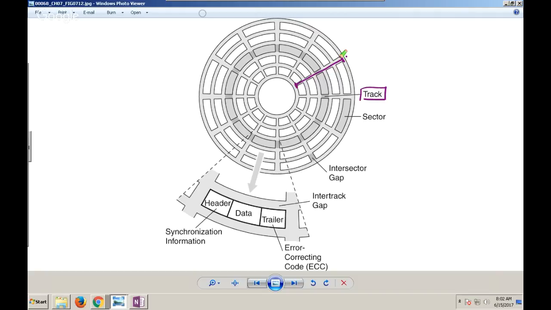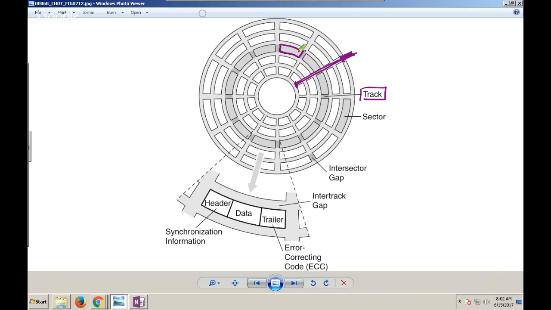So if we're looking at the platter itself and we're looking for a piece of information that's, say, right here, let's put our read-write head, here's our head, right? On the end of an actuator arm. And we're looking for this piece of information. The first thing that has to happen is that read-write head needs to move to the correct distance from the center. We call that coming to the correct track, okay?